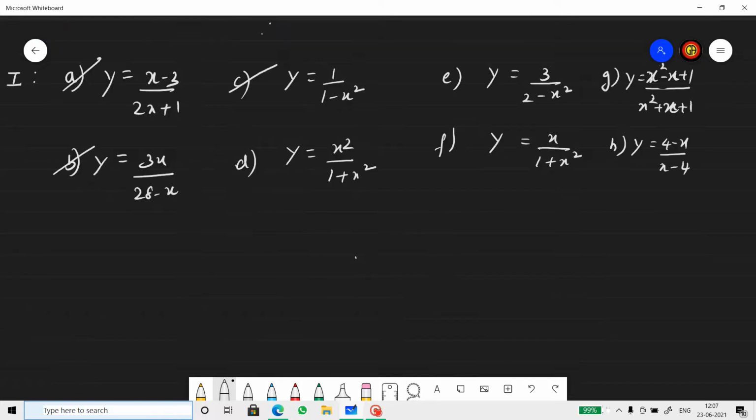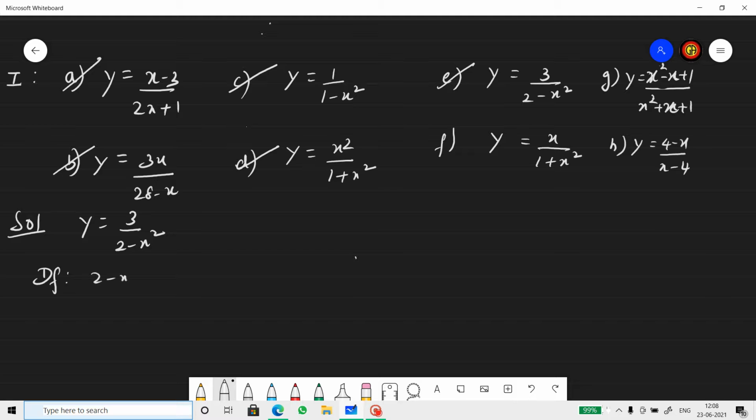So we finished the D sum. Now we are heading towards the E question. y equals 3 by 2 minus x square. What is the domain? Domain will be all the values except the ones that make the denominator 0, isn't it?